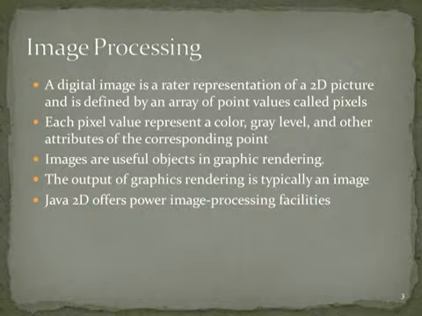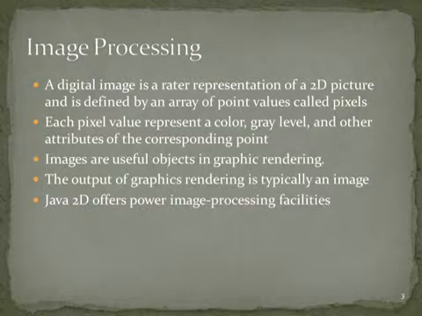A digital image is a raster representation of a 2D picture and is defined by an array of point values called pixels. Each pixel value represents the color, which is the gray level, and other attributes of the corresponding point.